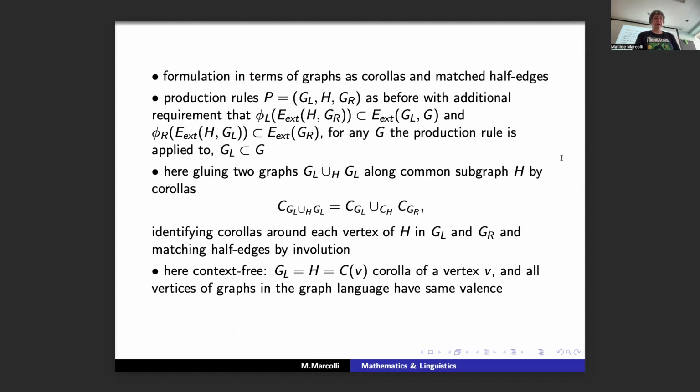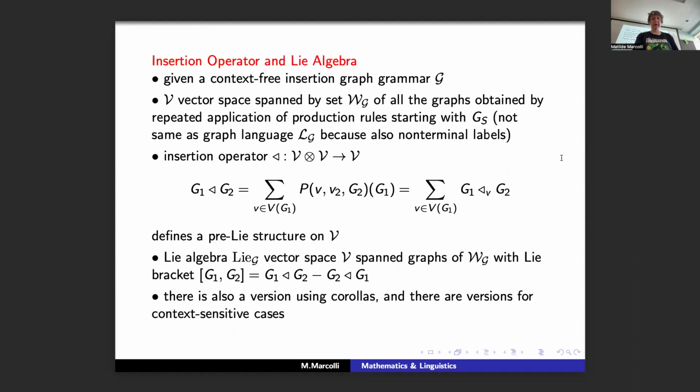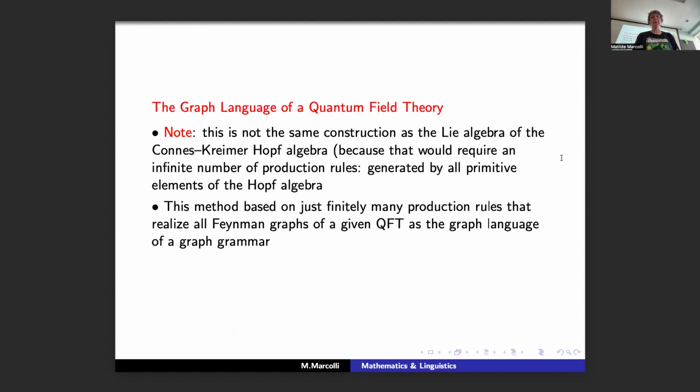And okay, let me just say that you get this kind of insertion pre-Lie structure, and you get the corresponding algebra that looks like the insertion algebras of quantum field theory, although in general they're not the insertion algebra of some particular quantum field theory. But on the other hand, if you do start with a quantum field theory, you can construct a graph grammar.